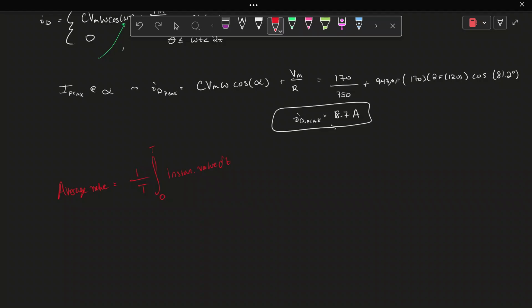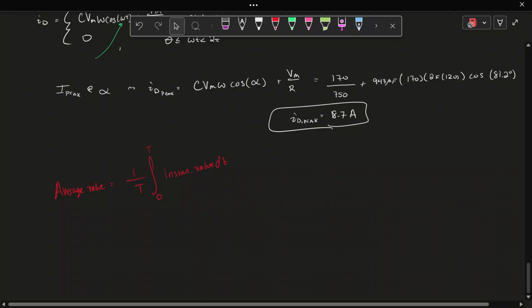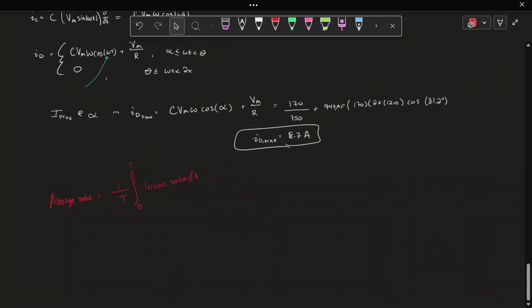Do we have a function for instantaneous current? Well, yeah, we do. We have this here, ID of t. We found the peak current at some angle, so why not find the average value? So this should work.